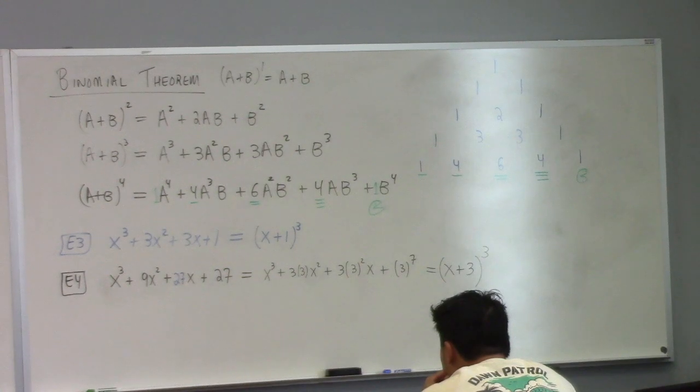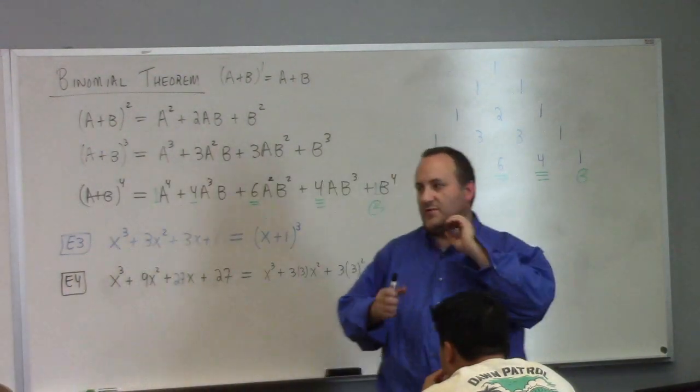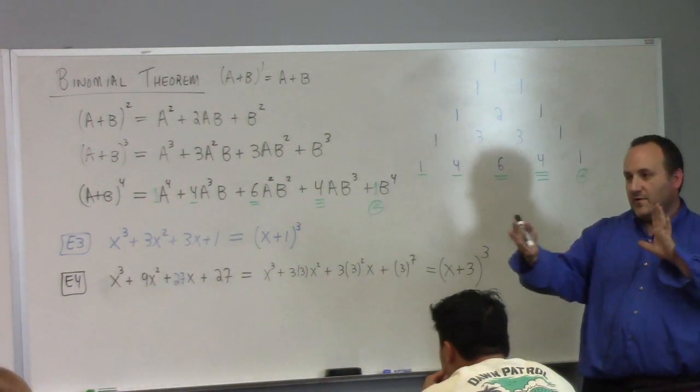So the binomial theorem has many applications actually to counting. Do you guys have any classes with counting problems in them? Suppose you have a deck of cards. You've got 52 cards, right? And you want to pick 4 cards.